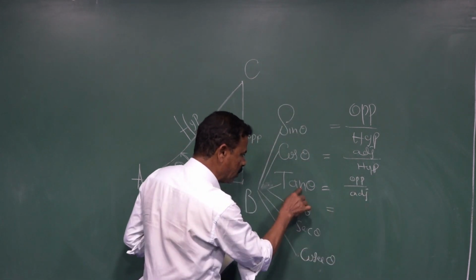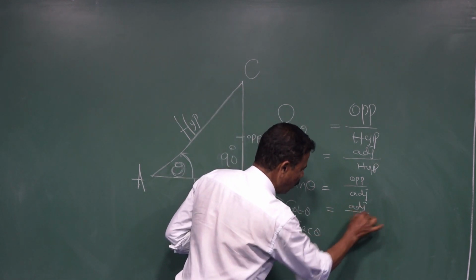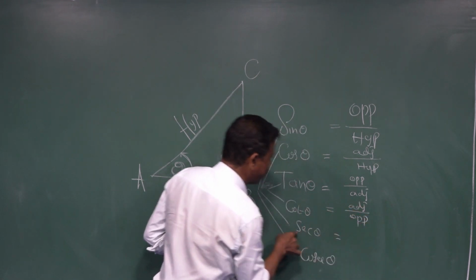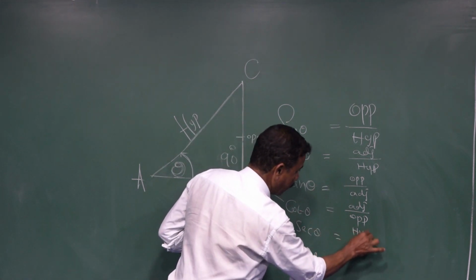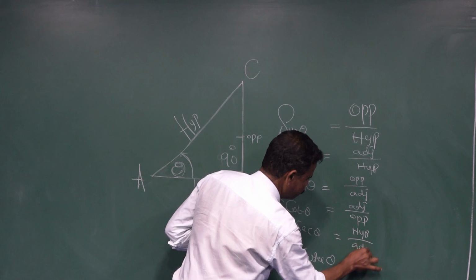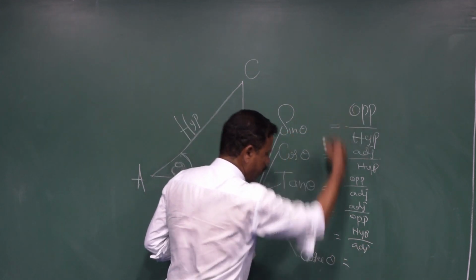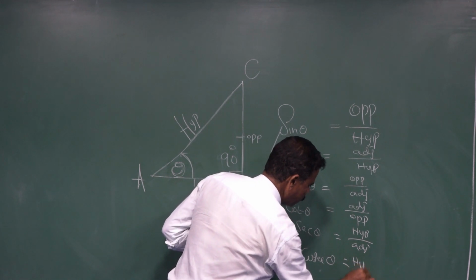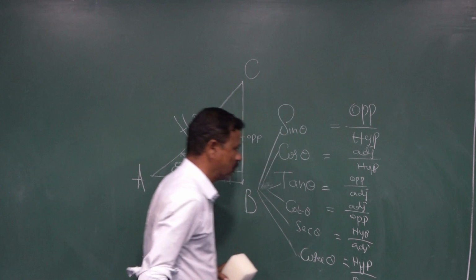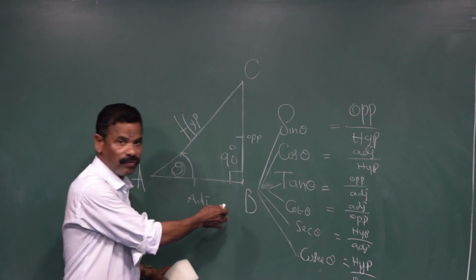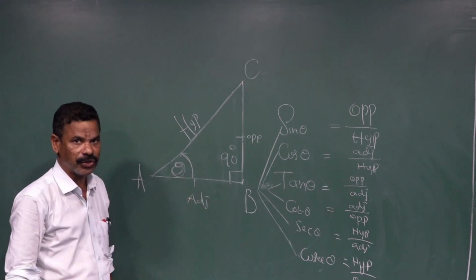Next, cot theta is just the reciprocal of tan theta, adjacent by opposite. Sec theta, opposite to cos theta, is reversed as hypotenuse by adjacent. Cosec theta, opposite to sine, is hypotenuse by opposite. These are the main formulas: sine, cos, tan, cot, sec, cosec, the 6 ratios.